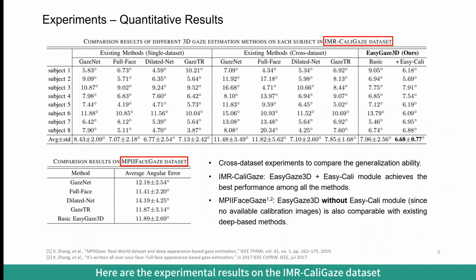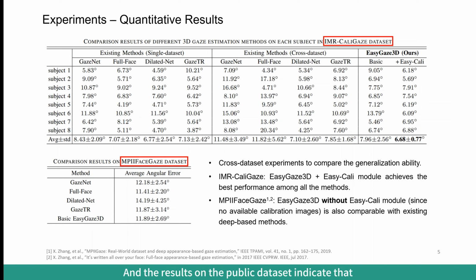Here are the experimental results on the IMR-Cali gaze dataset built by ourselves and the public dataset MPI face gaze. We compare the average angular error of our method and several existing deep models. The results evaluated on the first dataset show that our proposed EasyGaze3D with Easy-Cali module achieves the best performance among all the methods.